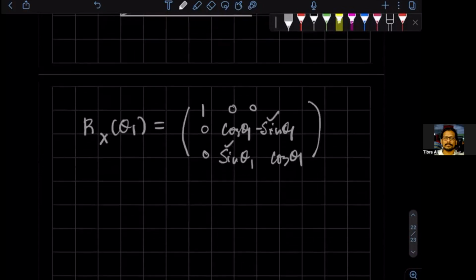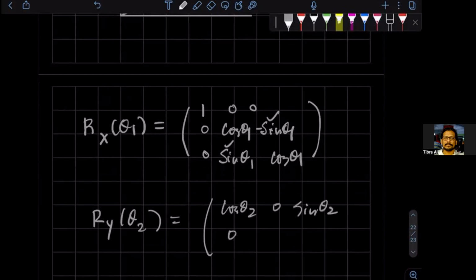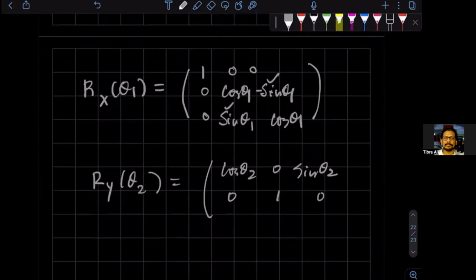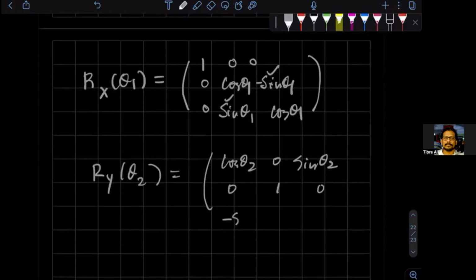So that's our Rx, and similarly our Ry is going to have cosine theta 2, 0, sine theta 2; 0, 1, 0; minus sine theta 2, 0, cosine theta 2.